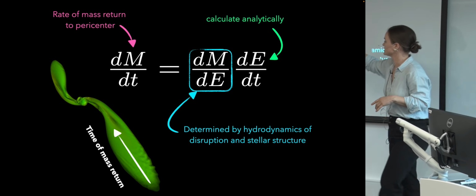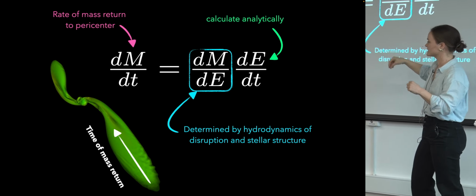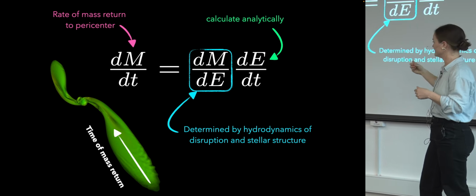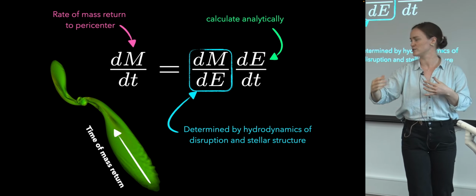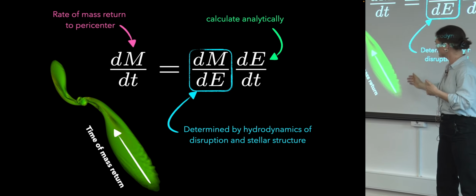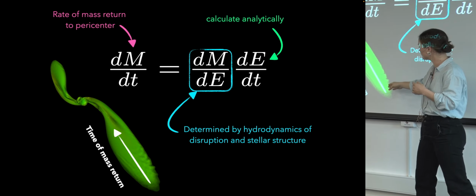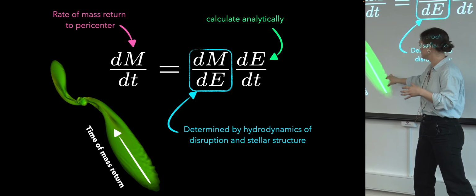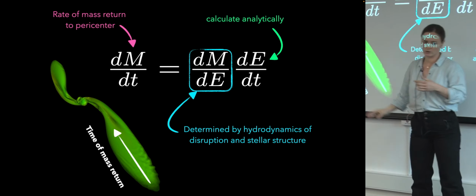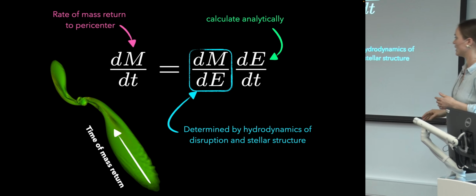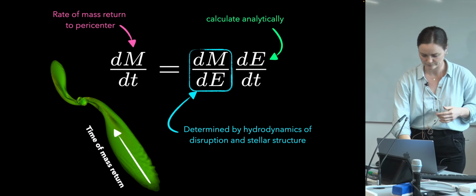Before I go into more details of it, the mass that's going to return most quickly will be the mass that was on the outer layers of the star. So if you look at this disrupted star, this material returns first and was from near the surface of the star. And as you move towards the core or the disrupted core, that material is going to return last.